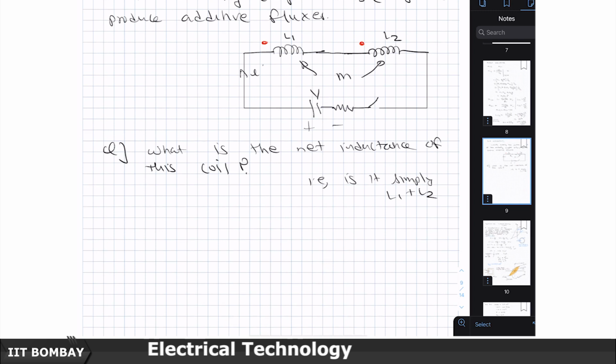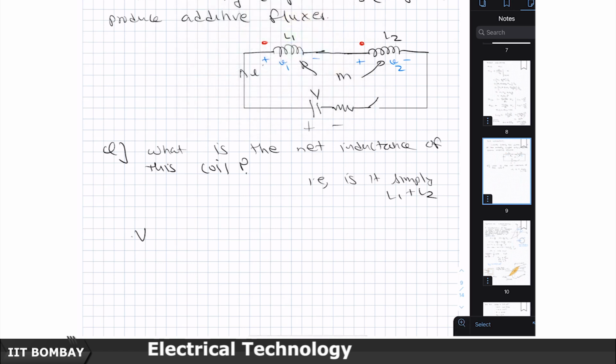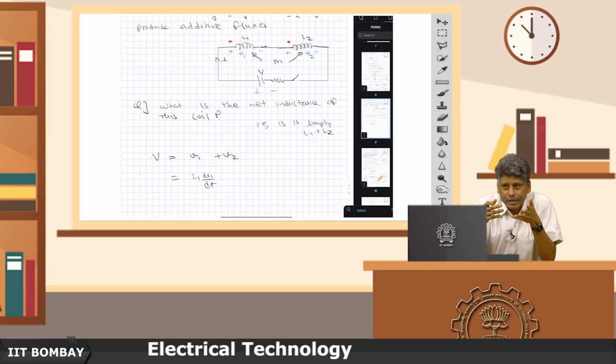So, if this is V, and the voltage drop here is plus minus V1 and this voltage drop is plus minus V2, then I can write V equals V1 plus V2. Now, let us write what V1 is. V1 is first of all the voltage induced in coil 1 due to its own current, which we know is L1 di1 by dt.